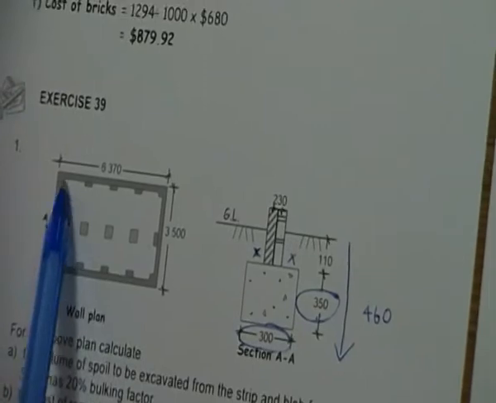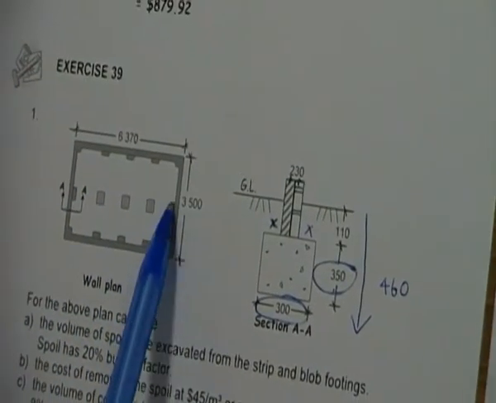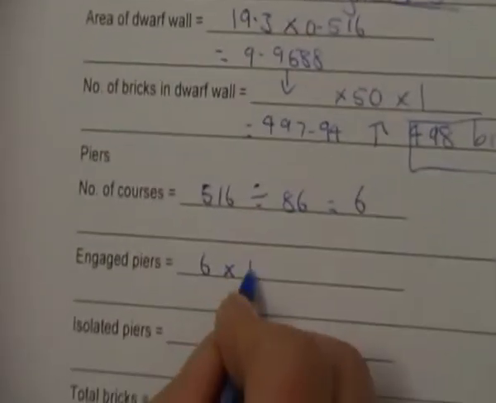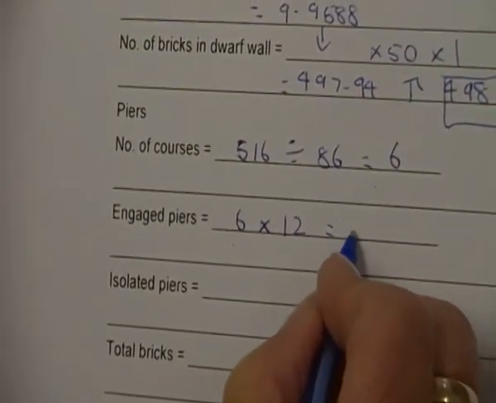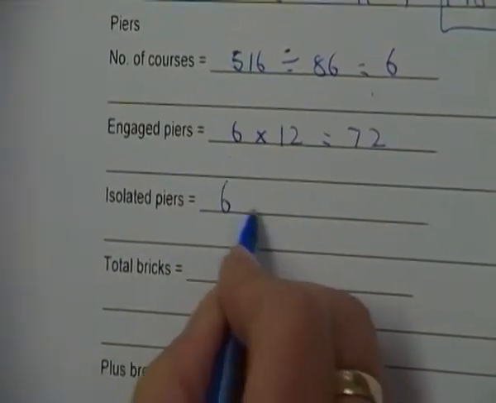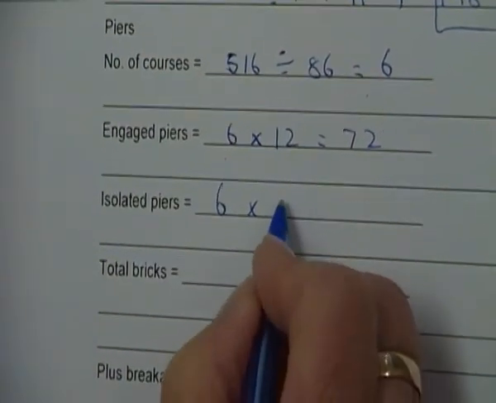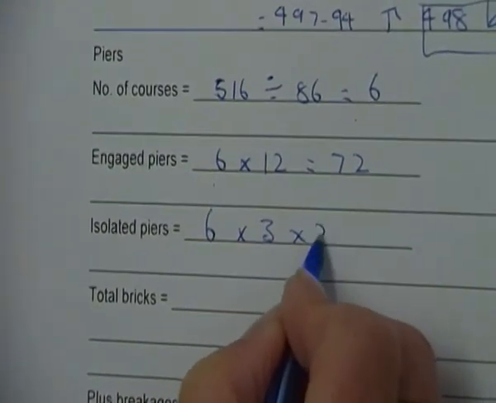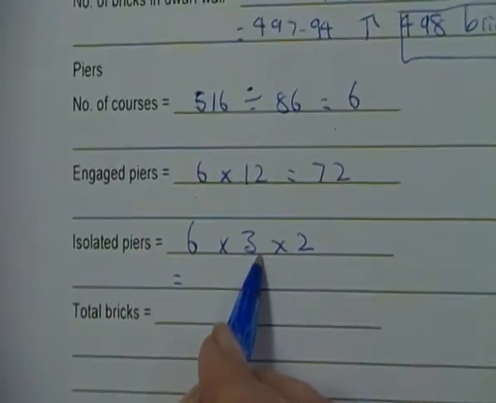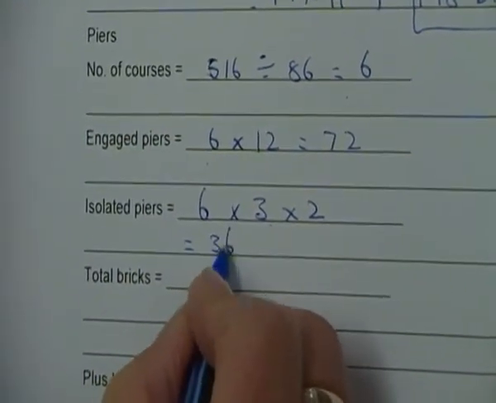So all I'm doing is going and adding them up. 1, 2, 3, 4, 5, 6, 7, 8, 9, 10, 11, 12. 6 times 12 is going to give you 72. Now my isolated piers, I've got 6 courses. I've only got 3 isolated piers, but I've got double the bricks. So 6 times 3 is going to give me 18, times 2 is 36.